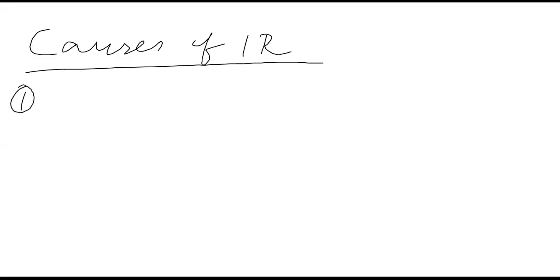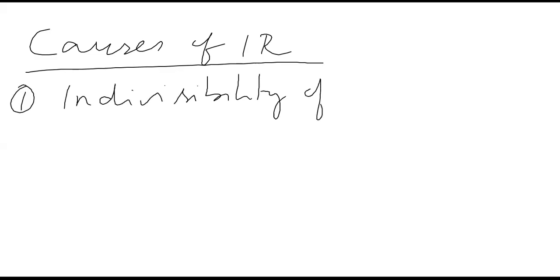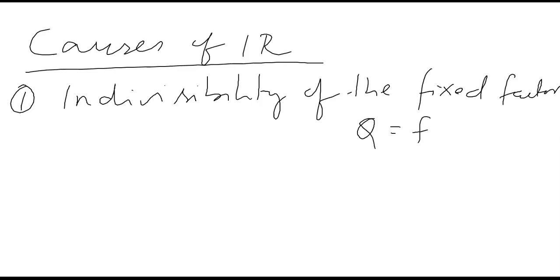First one is indivisibility of the fixed factor. First reason given is indivisibility of the fixed factor. This is the answer to somebody who asked earlier. You know your fixed factor, labor and capital I'm taking constant.